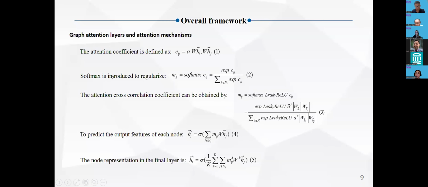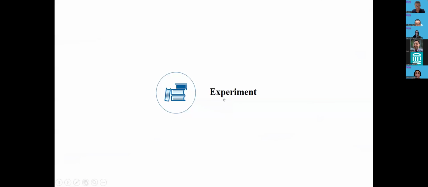This is the mathematical theory of the GAT layers. This is the attention coefficient, and this is the softmax. This is the cross correlation coefficient. This gives the classification.